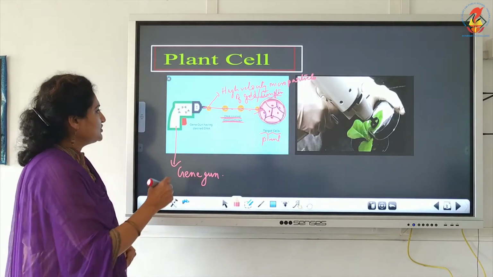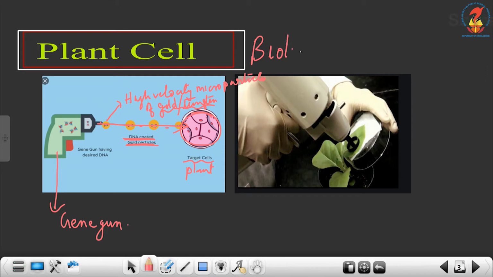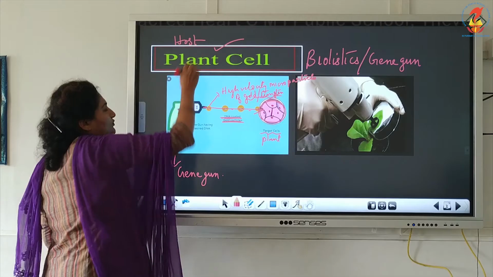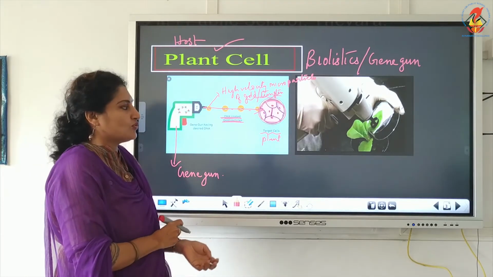So this procedure is known as biolistics or the gene gun procedure, and that is done when the plant cell becomes the host. So usually it's E. coli, but now we make a change if the plant cell is the host.